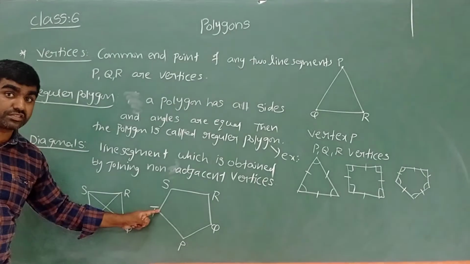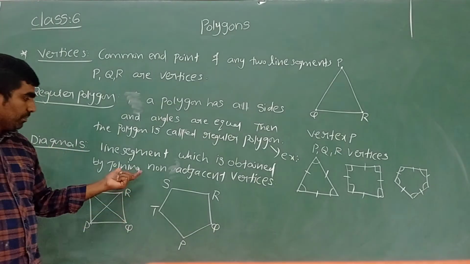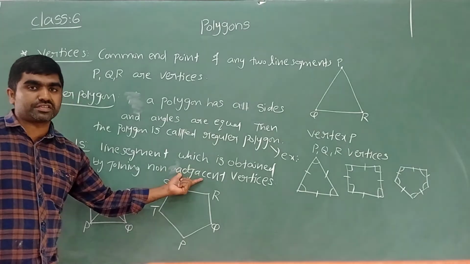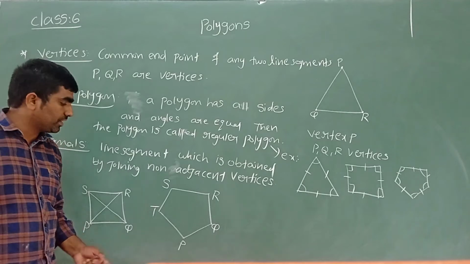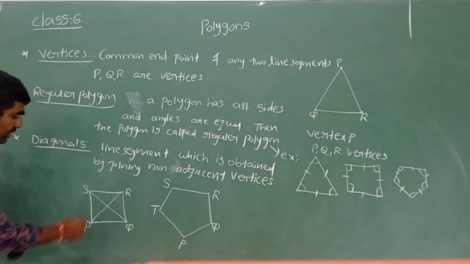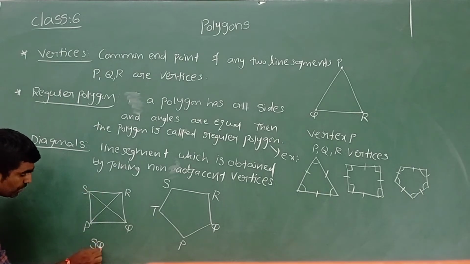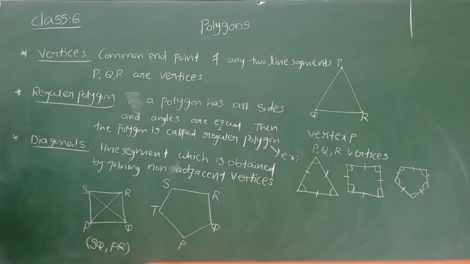S, T adjacent vertices. So how can we get the diagonals? By joining non-adjacent vertices, which are not side by side. Now let us see what diagonals are possible. Here I said two diagonals, SQ, PR.